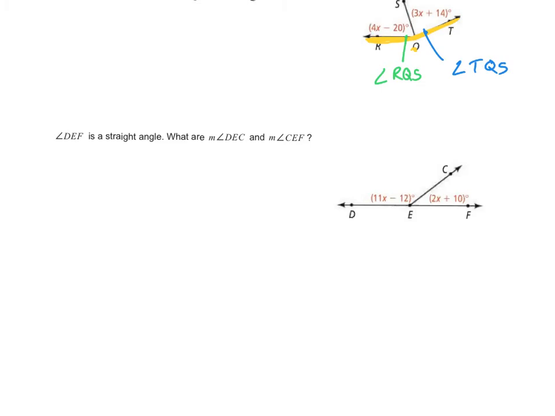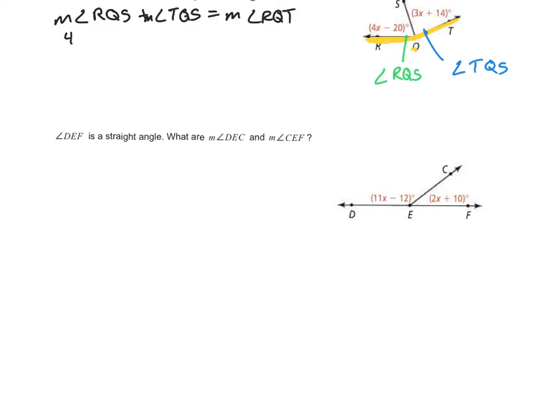So what we're going to have to do is take the measurement of angle RQS, add it to angle TQS, and set it equal to, this all should be the measurement, so the measurement is equal to the measurement of angle RQT, all right?